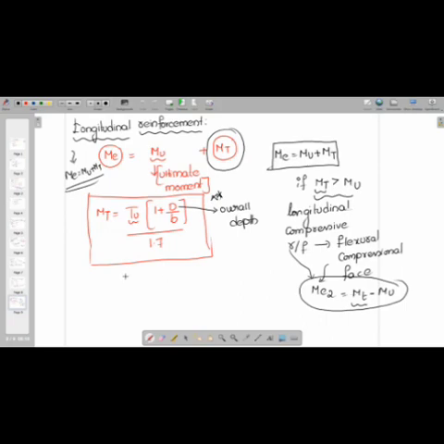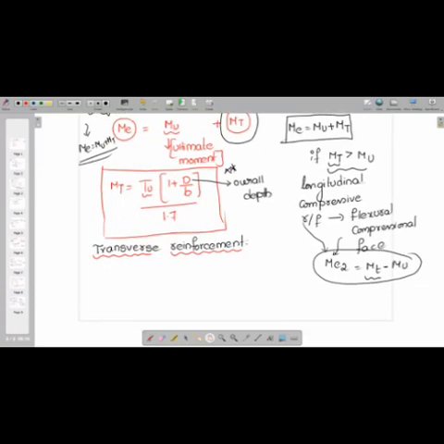Now, my dear students, when I talk about the transverse reinforcement, here you should understand that some people will tell you different formulas, but I will tell you a very easy formula.